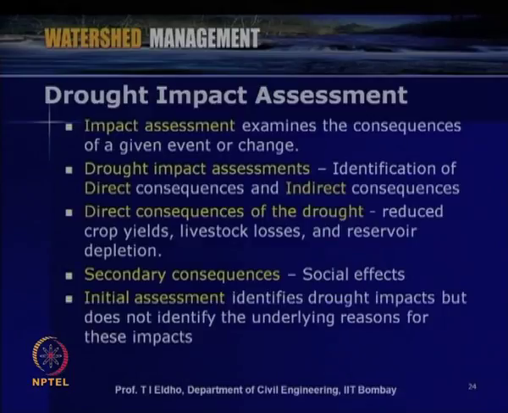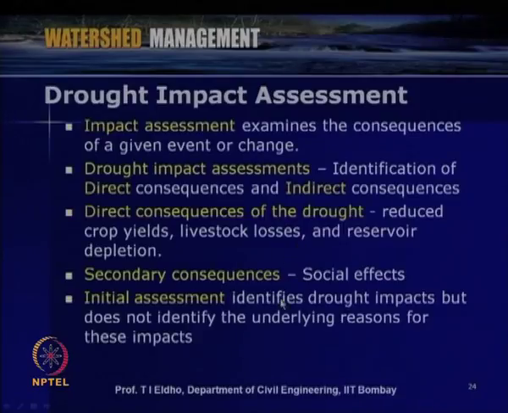So, the flora and fauna will be affected. Direct consequences of the drought are reduced crop yield, livestock losses and reservoir depletion. Then the secondary or indirect consequences are the corresponding social effects. So, the people will be affected, the society will be affected.